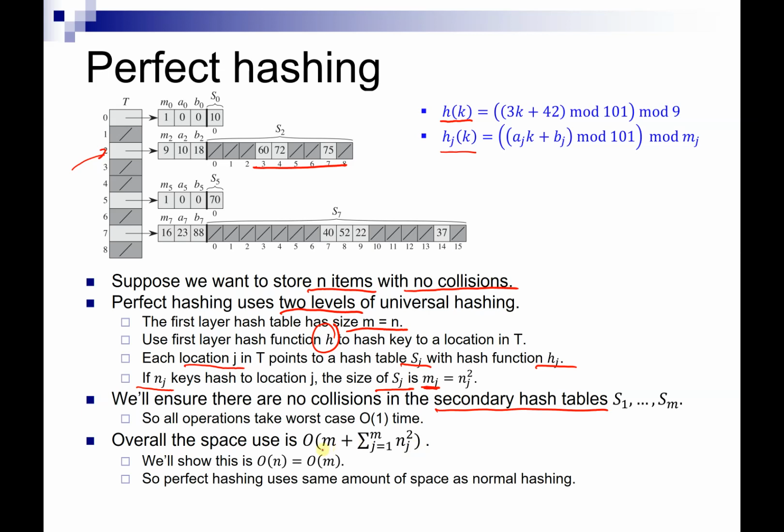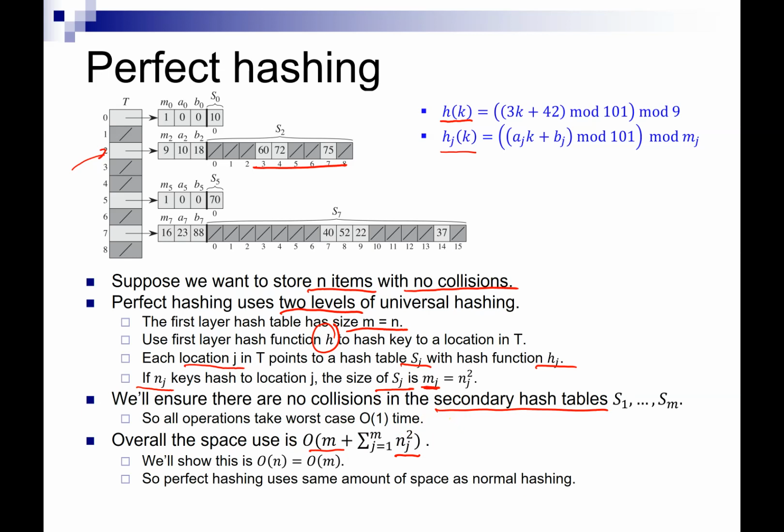Because we need m space for the first layer hash function, and then for the second layer hash functions, each of them has size nj squared, and we have m of them, so the space for the secondary hash functions is just the sum of these nj squareds.